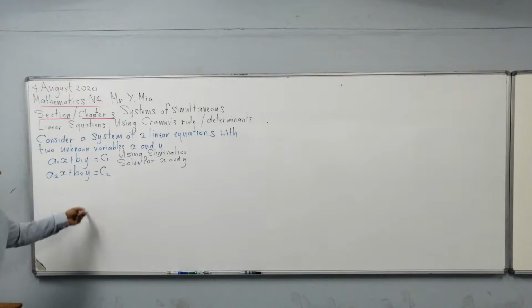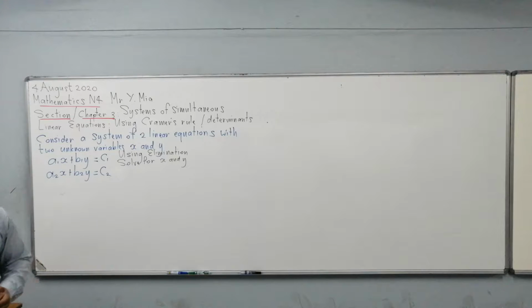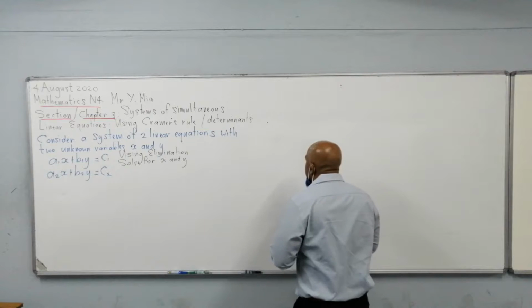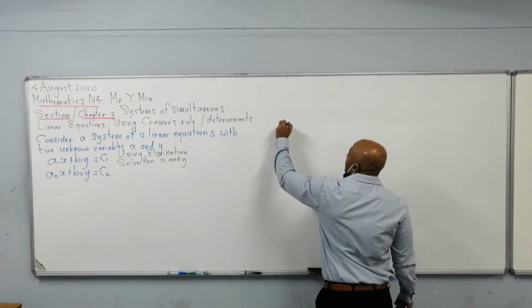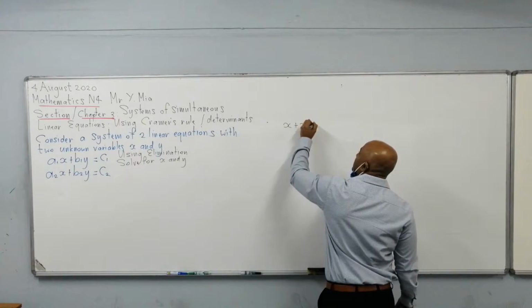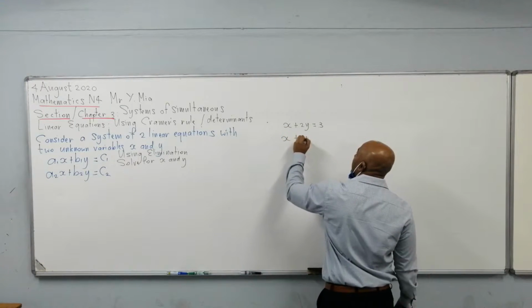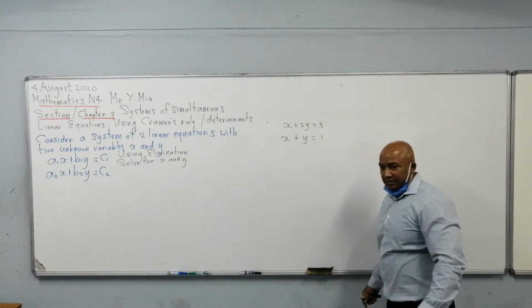If I want to solve for y, then I will have to eliminate x from the equation. So how will I do that? So let's take a simple example first. If I have, let's say, x plus 2y is equal to 3, and then I have x plus y is equal to 1.